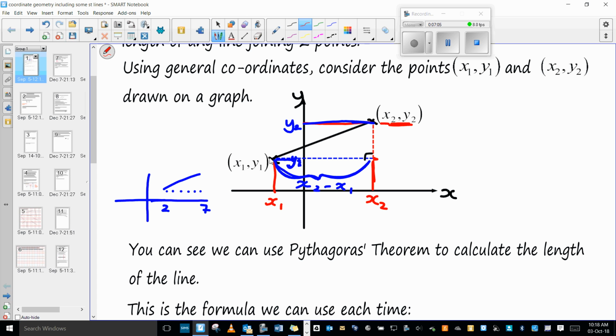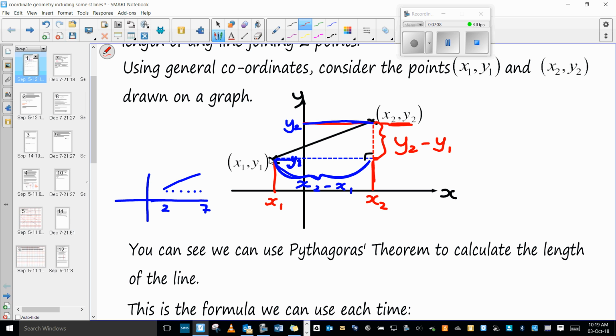How am I going to describe this one here? Y2 subtract y1, yes? All of these general letters can be a bit confusing when we get to actual numerical values and actual numbers. It's a lot easier.